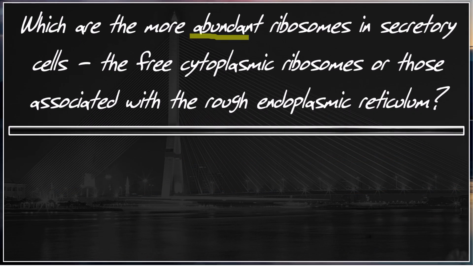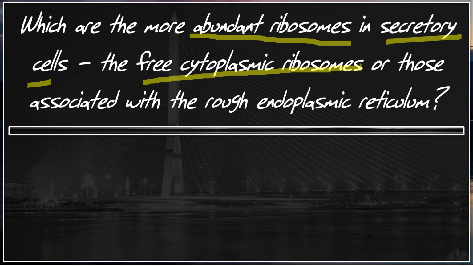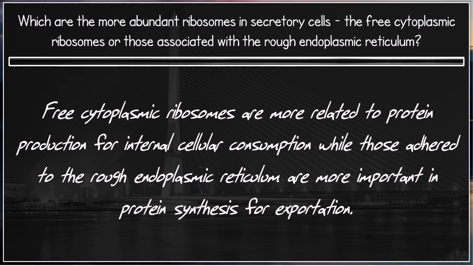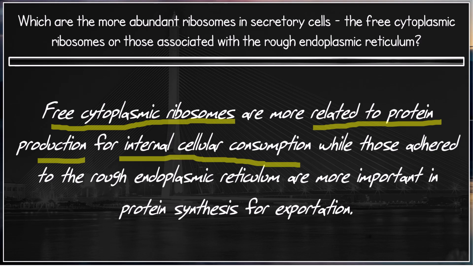Which are the more abundant ribosomes in secretory cells? Free cytoplasmic ribosomes or those associated with the rough endoplasmic reticulum? Free cytoplasmic ribosomes are more related to protein production for internal cellular consumption, while those adhered to the rough endoplasmic reticulum are more important in protein synthesis for exportation.